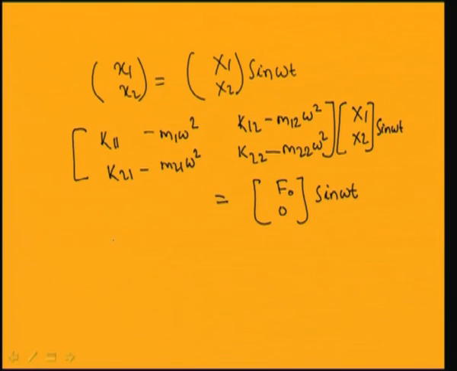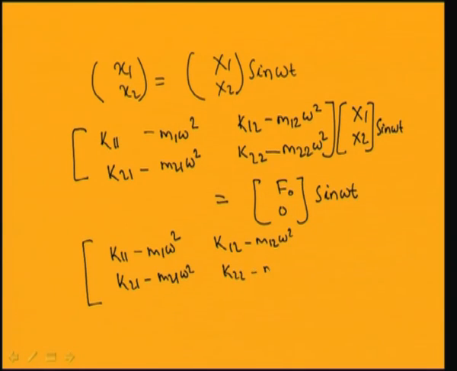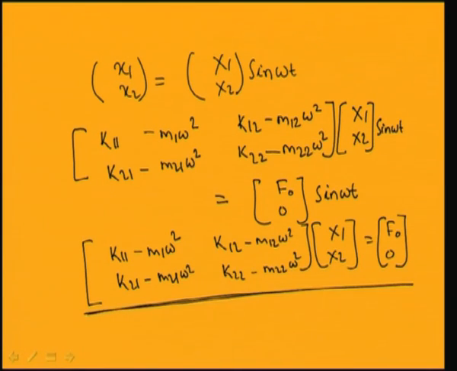Or I can write this equation in this form: [k11 minus m11 omega square, k12 minus m12 omega square; k21 minus m21 omega square, k22 minus m22 omega square] times [x1; x2] equal to [f0; 0]. As this is a 2 degree of freedom system, you have only 2 equations, and you can solve them to find x1 and x2 by a number of methods.